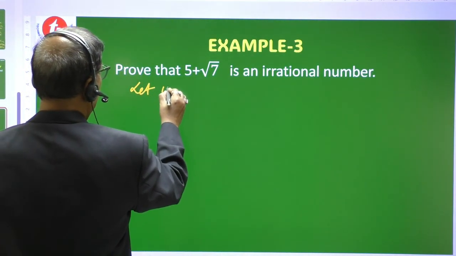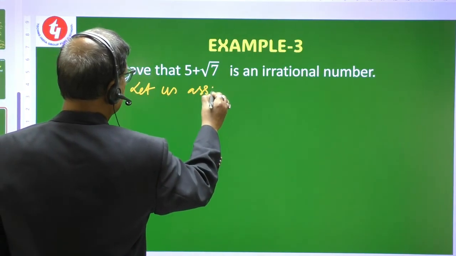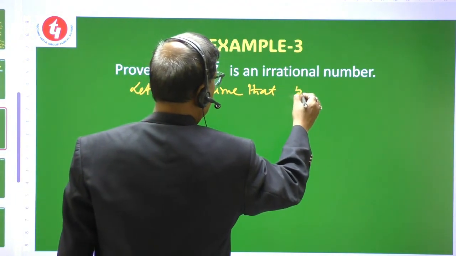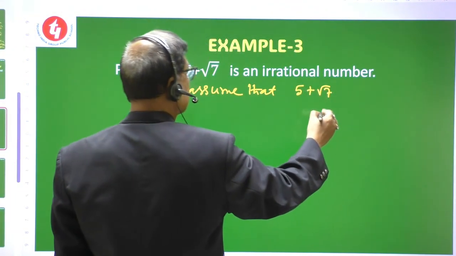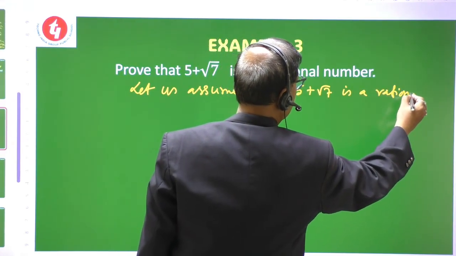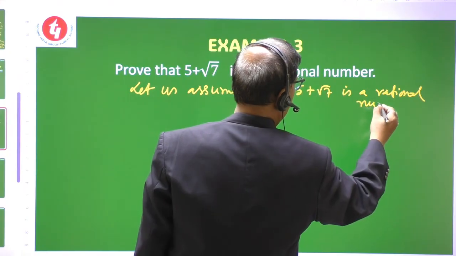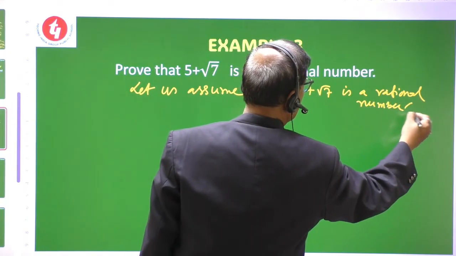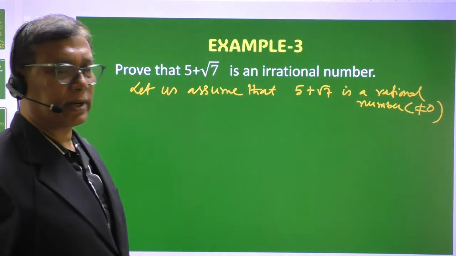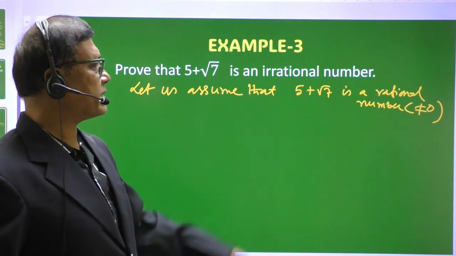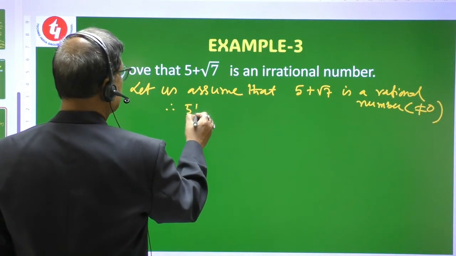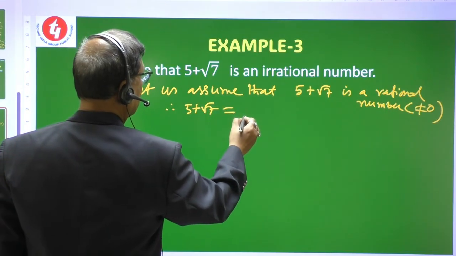So let us assume that 5 plus root 7 is a rational number, and we'll consider it a non-zero rational number, obviously, because 5 plus root 7 cannot be 0. So 5 plus root 7 equals p.